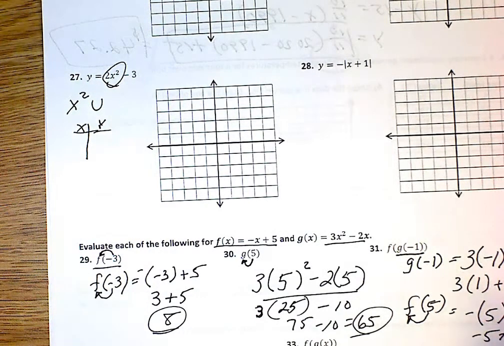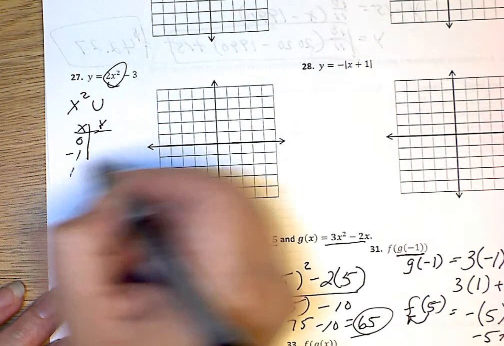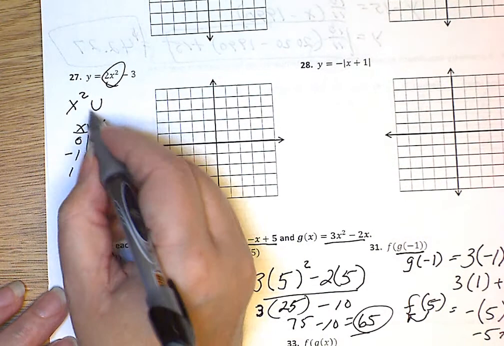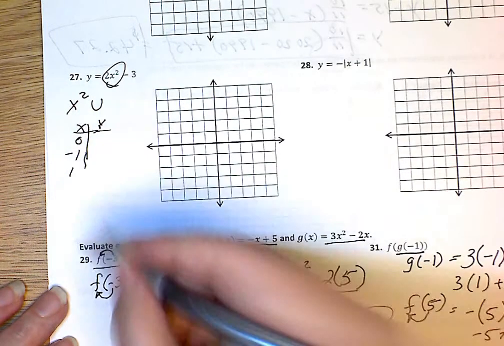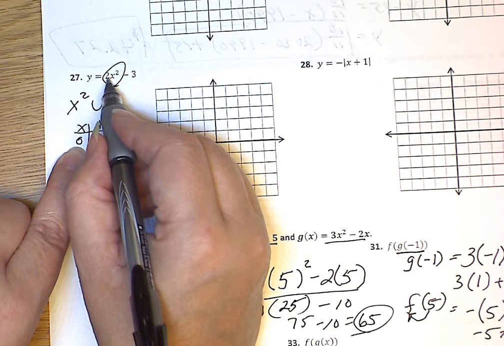All right, so I'm going to pick the points 0, -1, and 1. And then I have to make sure that I'm getting the u, because if I'm not getting the u, I have to pick more points. So 0 times anything is 0, -3 gives me a -3.